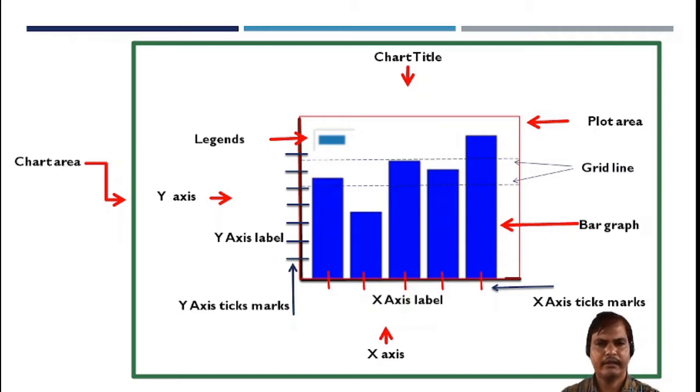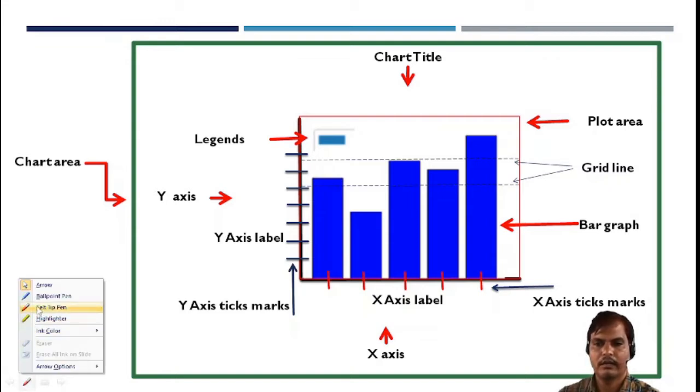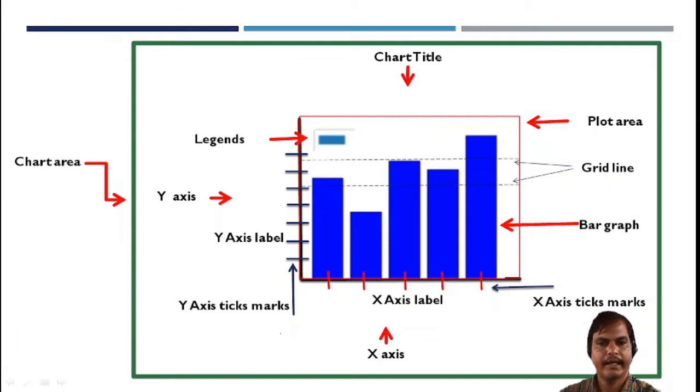So hope you have sufficient understanding about the anatomy of a bar chart, and this is applicable to all others like line, like pie, like everything. You can see this is an example of a pie chart. It is applicable to the pie chart.